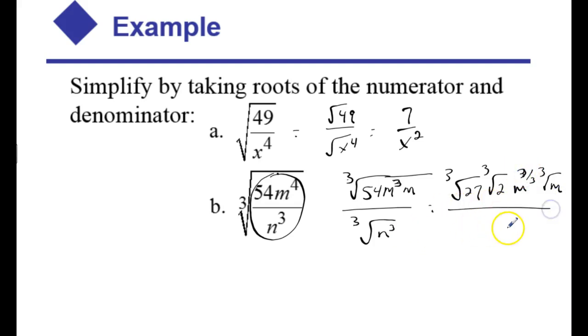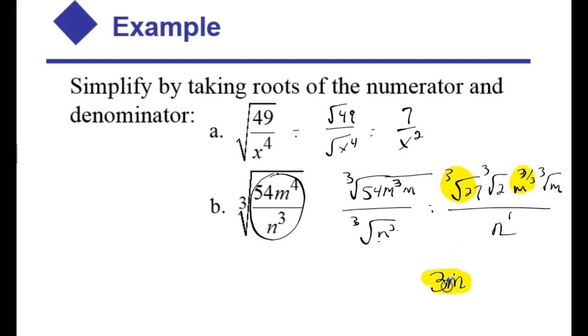All divided by, can I just call that n, because the cube root of n cubed is n to the 1st. So simplifying this, the cube root of 27 is just 3. Oh, and I have an m. I should make that in yellow as well.